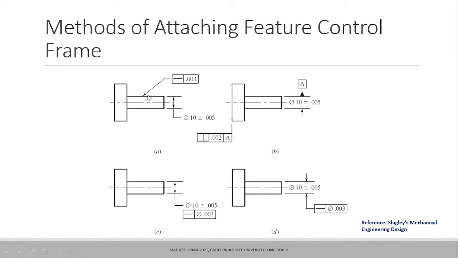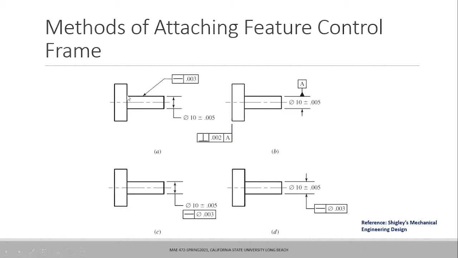And it has got a GD&T symbol attached to this line, a projected line here. The first compartment shows the symbol, and this symbol, if you remember, is the straightness symbol. It represents that this line that you are seeing here, the projected line of the cylindrical feature, has to be controlled with a straightness of 0.003.